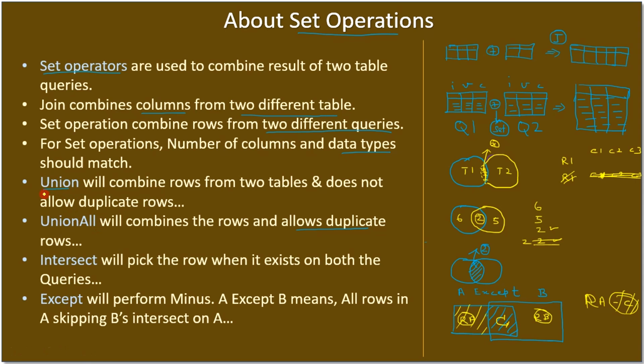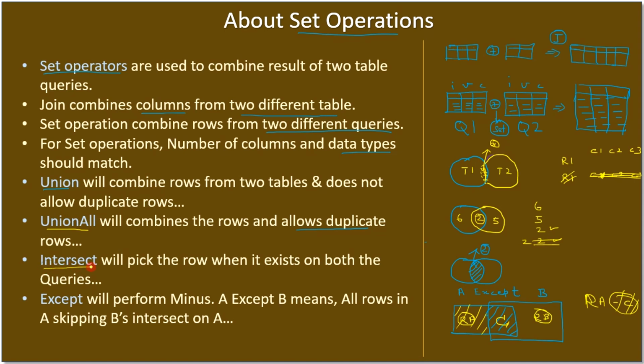So union will combine rows from two tables, and when it is retrieving the data, it will remove the duplicates. Union all allows the duplicates and picks records from all the tables. It simply combines rows from both the tables, and it does not look for any duplicates.